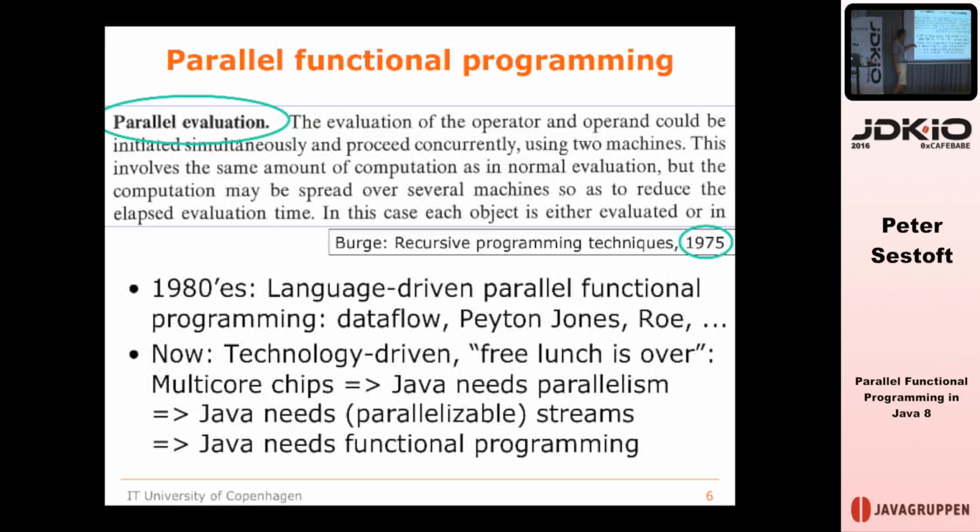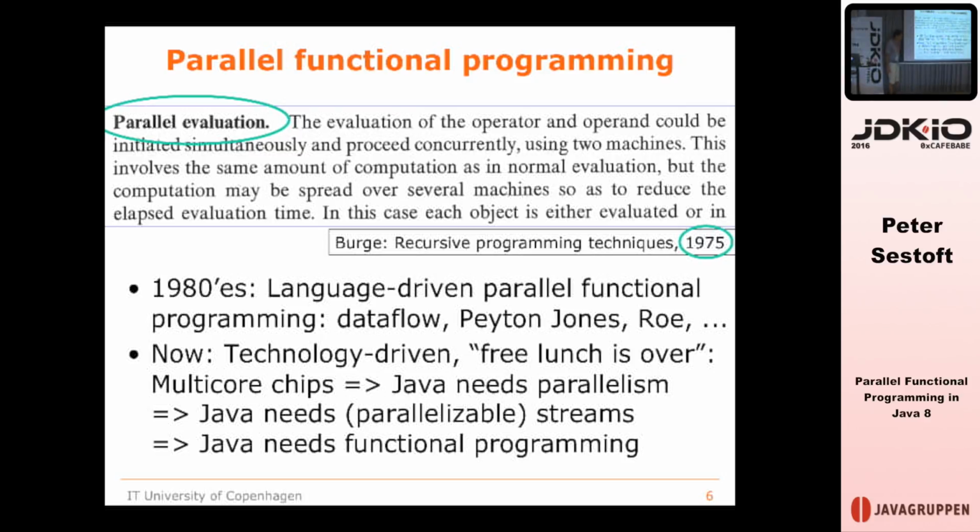And a lot of work followed in the 80s, a research-driven, language-driven activity towards parallel functional programming: data flow computing, Simon Peyton Jones's parallel computers, Paul Roe's PhD thesis from Glasgow. But this didn't really catch on. Standard sequential hardware became fast enough to make this not very interesting.